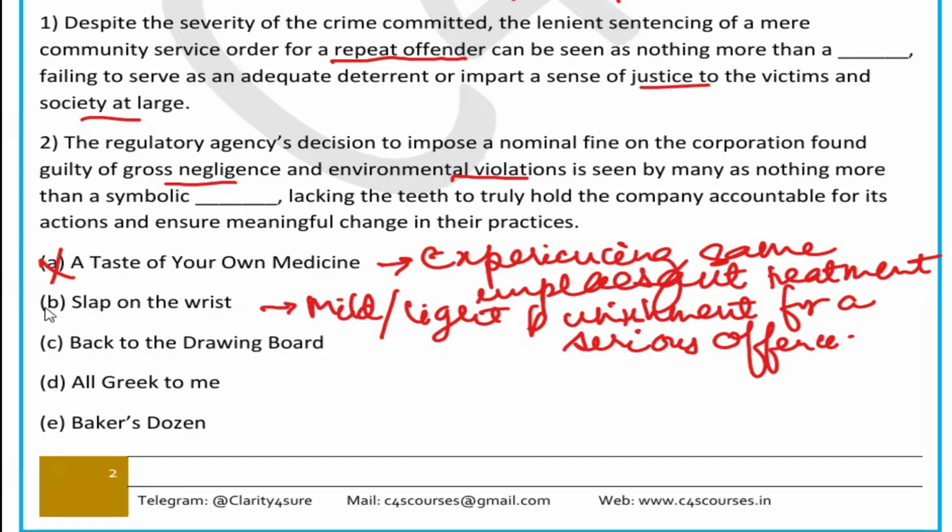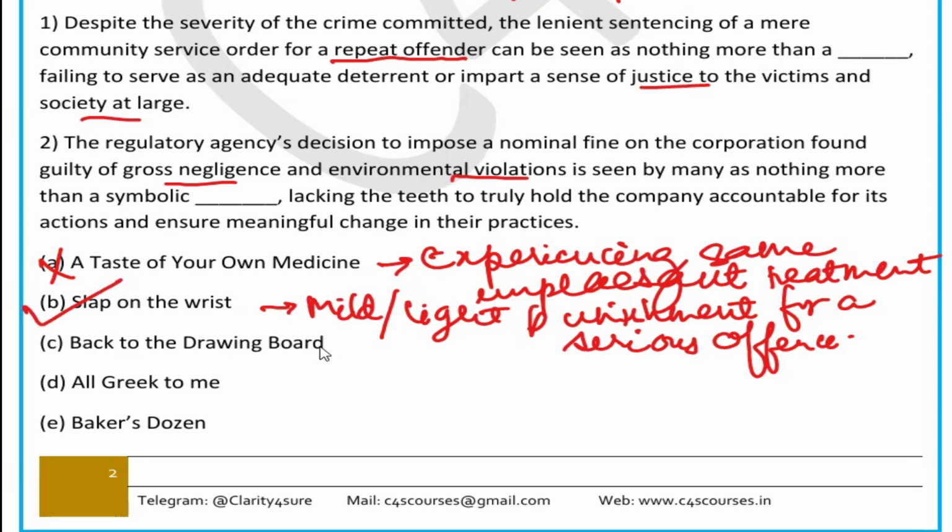So slap on the wrist is, I think, the best idiom, which will suit both of the blanks, because in this sentence the offender is getting nothing more than a slap on the wrist, and here also he's getting nothing more than a symbolic slap on the wrist, because even then, a change in behavior cannot be seen after such a serious crime. Okay, so this is the best option.